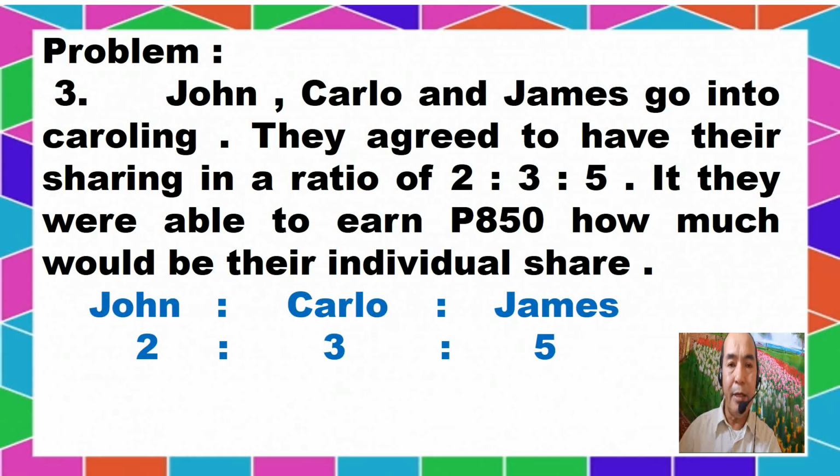The whole of their earnings, which is 850, is to be divided into parts. Why? Because they are going to divide this in the ratio of 2:3:5. So, we will apply the rule in solving problems using partitive proportion.